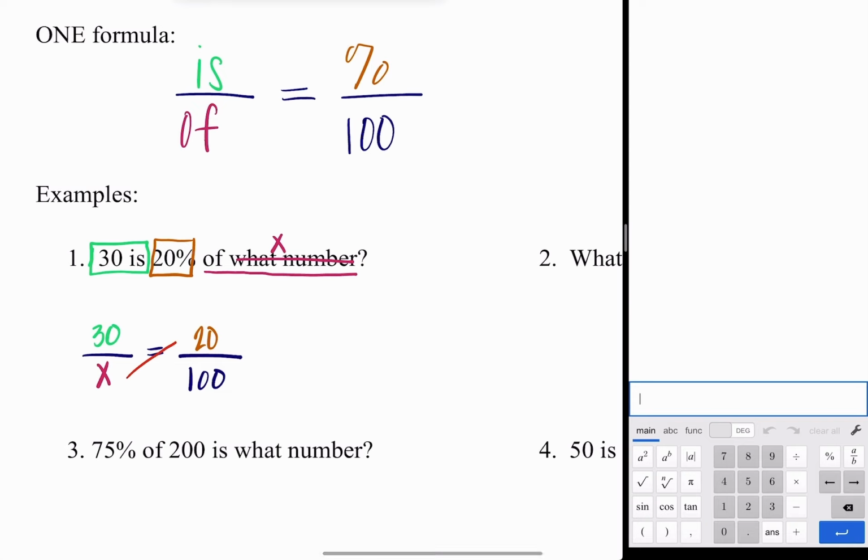So we're going to cross multiply. I get 20x. I'm going to multiply this way. There it is. I get 3,000.